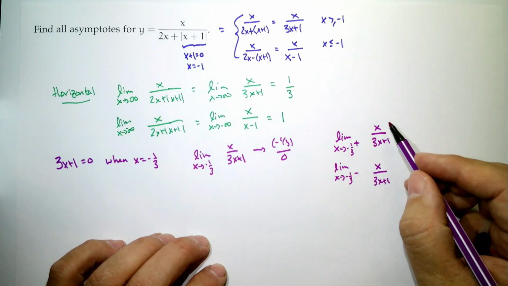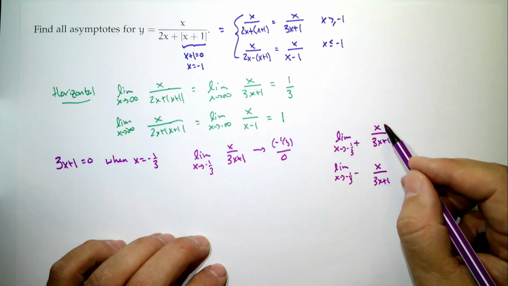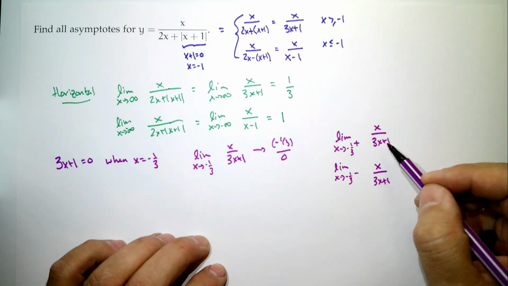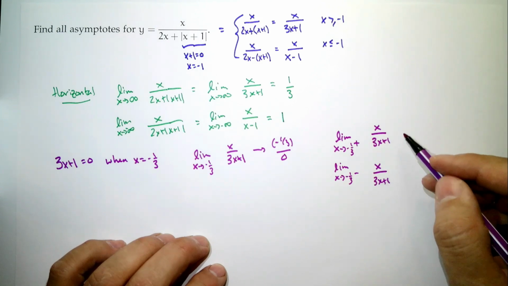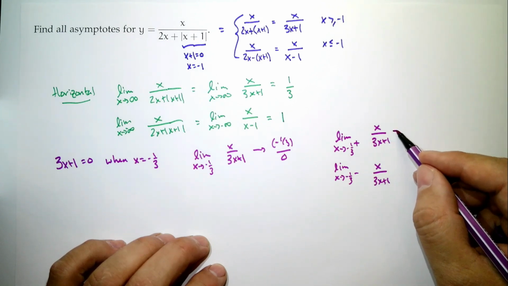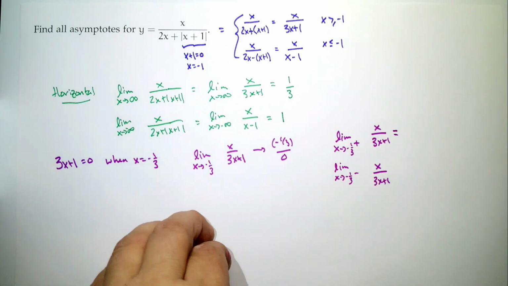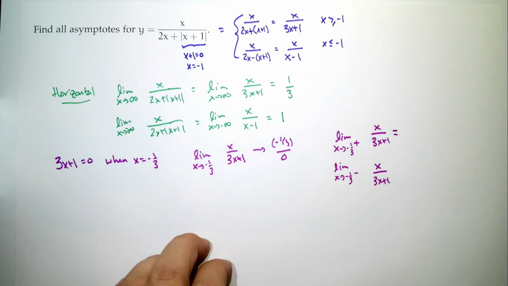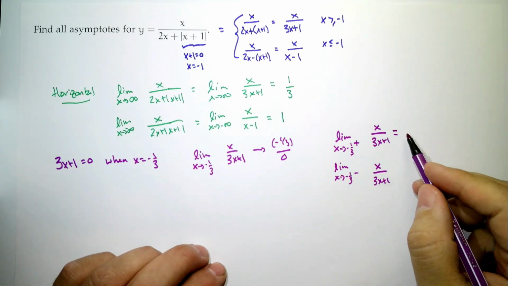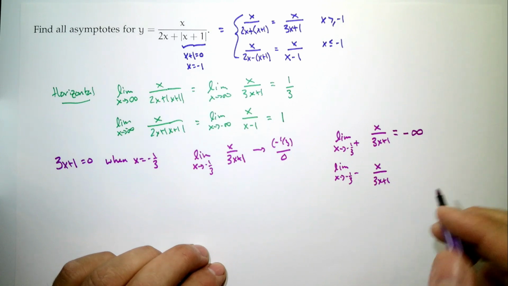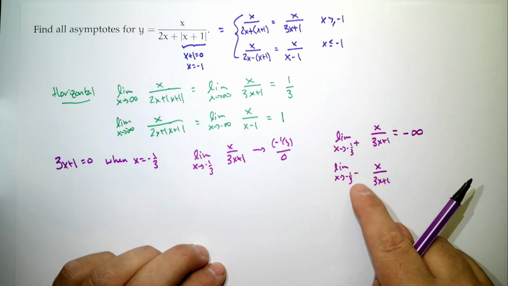So the numerator is a negative number, and the denominator is a small positive number. Negative divided by a small positive will produce a huge number of what variety? Is it a big positive huge number or a big negative huge number? Big negative huge number. And so that tells us it's going to blow up and go towards negative infinity.